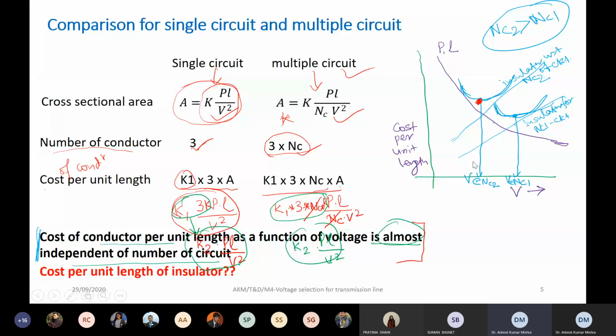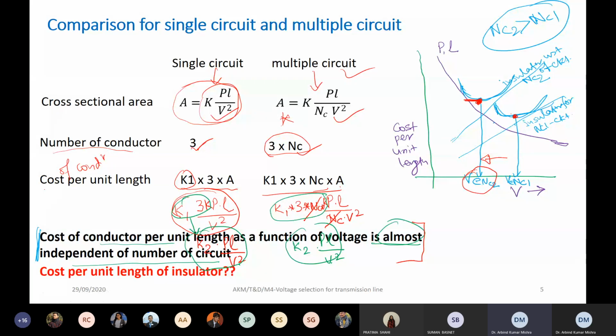If you go for multiple circuits, then at the most economical voltage, with an increase in the number of circuits, the conductor cost is higher than when the number of circuits was less. This is because at the same voltage it is not varying. Since the voltage has been changed, the conductor cost will change.